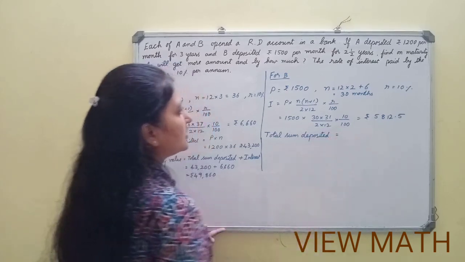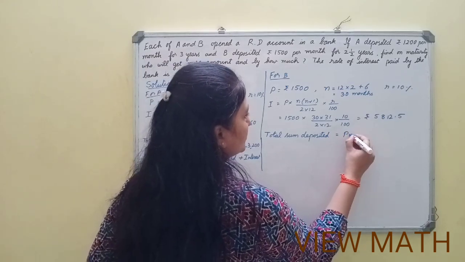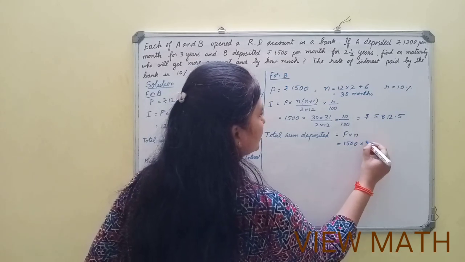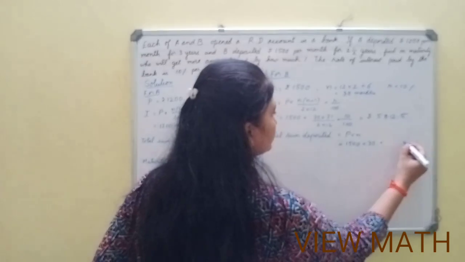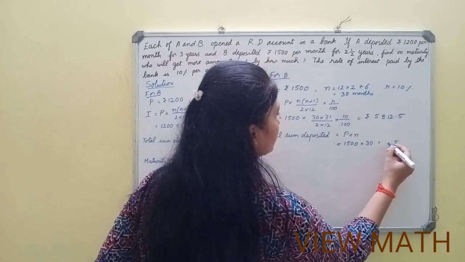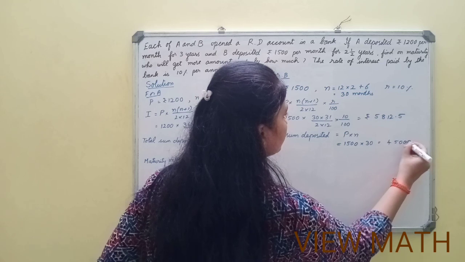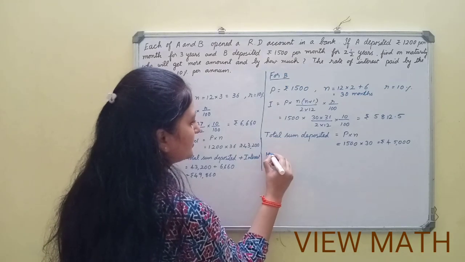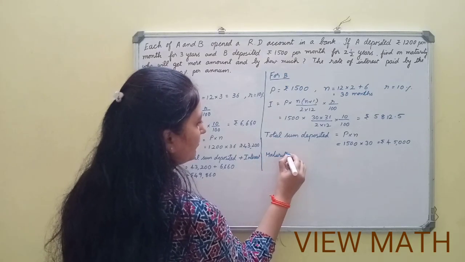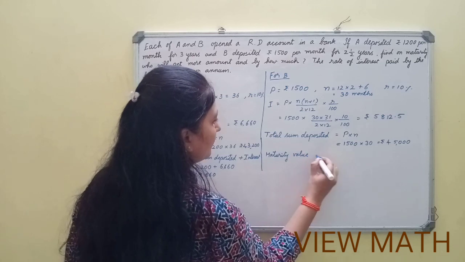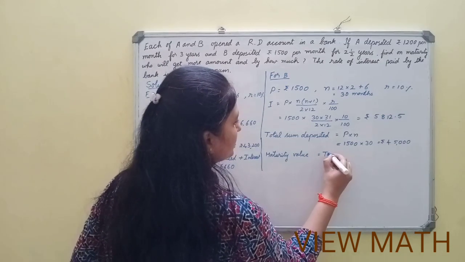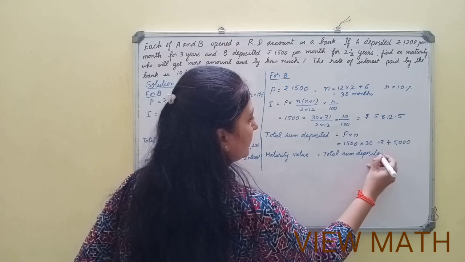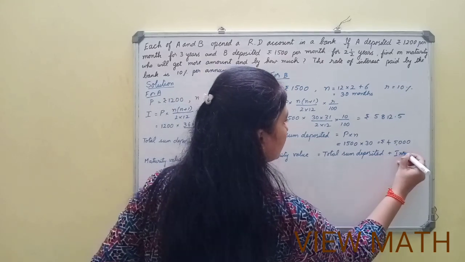Okay. Next, total sum deposited. Total sum deposited is equal to P into N, which is equal to P is 1500 into 30, that is rupees 45,000. Next, maturity value. Maturity value is total sum deposited plus interest.